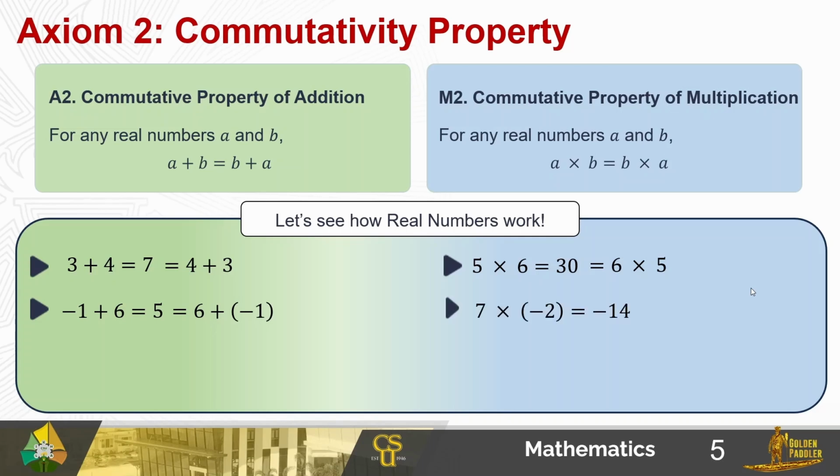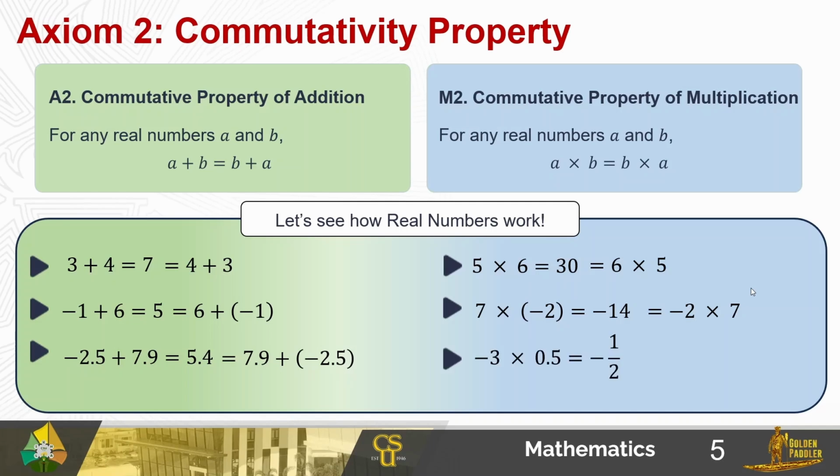Or we also have 7 times negative 2 is equal to negative 14, which is the same as negative 2 times 7. Or negative 2.5 plus 7.9 is equal to 5.4, which is the same as 7.9 plus negative 2.5. And lastly, negative 3 times 1/2 is equal to negative 3/2, and that's equivalent to 1/2 times negative 3.